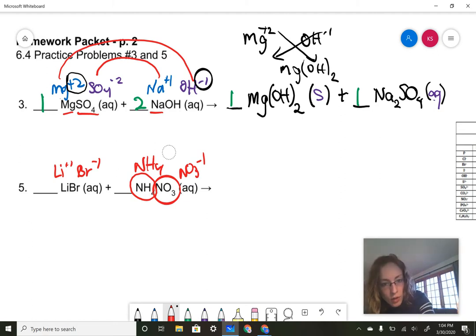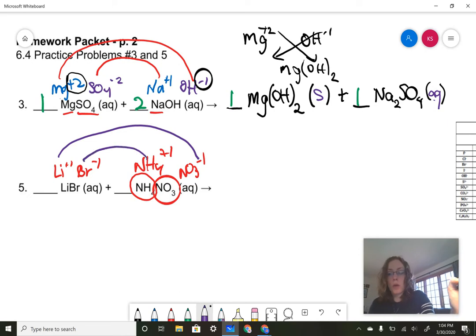Okay, so once I have all the charges of these things, I want to make sure I think about how they go together. So lithium goes with nitrate, ammonium goes with bromide. And so now I need to write my formulas. This one's a little bit easier than the one above because everything has either a +1 or a -1 charge.